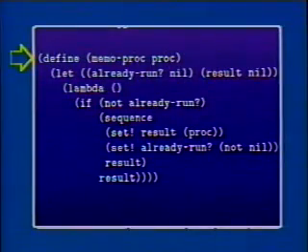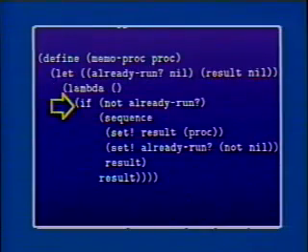Memo-Proc is this little thing that has two little flags in there. It says, have I already been run? And initially it says, no, I haven't already been run. And what was the result I got the last time I was run? So Memo-Proc takes a procedure called proc, and it returns a new procedure of no arguments. Proc is supposed to be a procedure of no arguments.